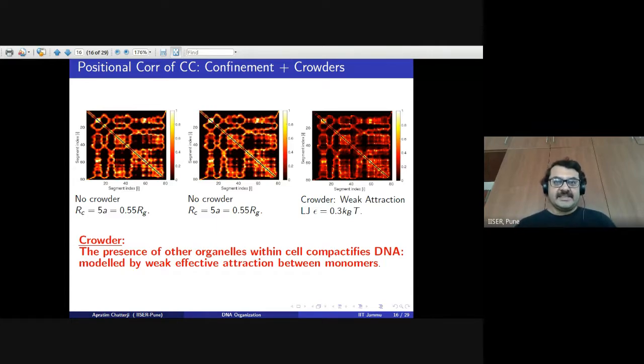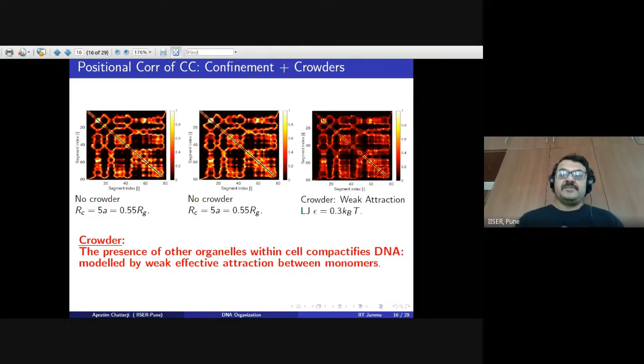As a consequence of the presence of these other molecules, called crowders, the DNA is basically compactified. At least that's what some of the preliminary research by other people shows. And we have modeled the effect of these crowders, this compaction by the presence of other molecules, by a very weak effective attraction between monomers. And this is data with crowders incorporated.